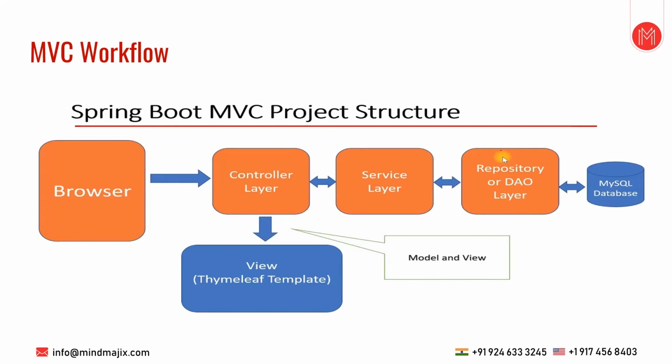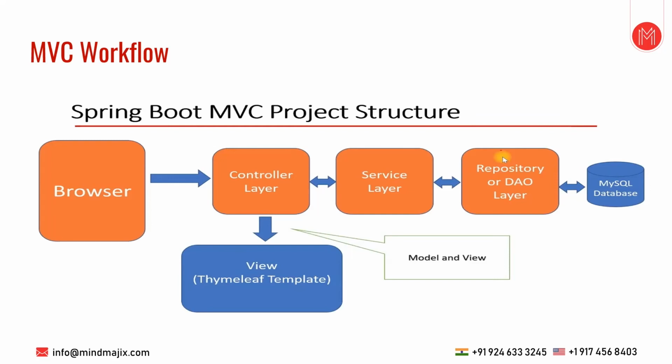Generally in Spring MVC, the flow is that the client system sends an HTTP request using a specific URL. Then there is a dispatcher servlet that is configured in the web.xml file. That dispatcher servlet receives the request coming from the client.